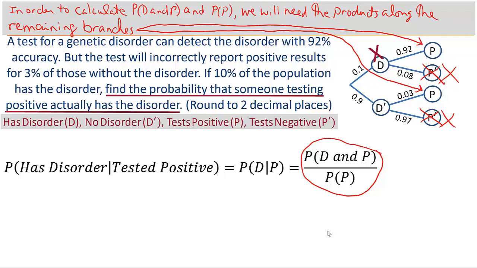Multiplying 0.1 times 0.92, I get 0.092, and multiplying 0.9 times 0.03 gives me 0.027. So the convenience of reducing the sample space before I did the ANDs means I don't have to even calculate the other two branch ANDs because I'm not going to need them. So really, it's nice to eliminate the unnecessary branches before you do those multiplications. It saves you a little bit of time.